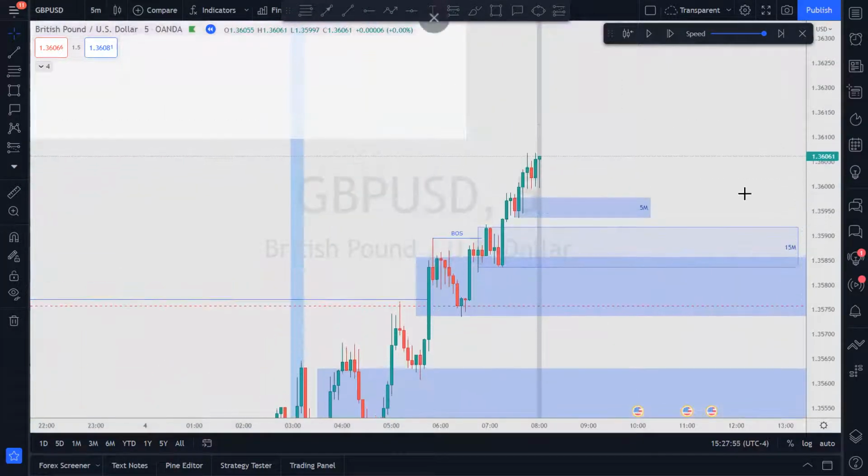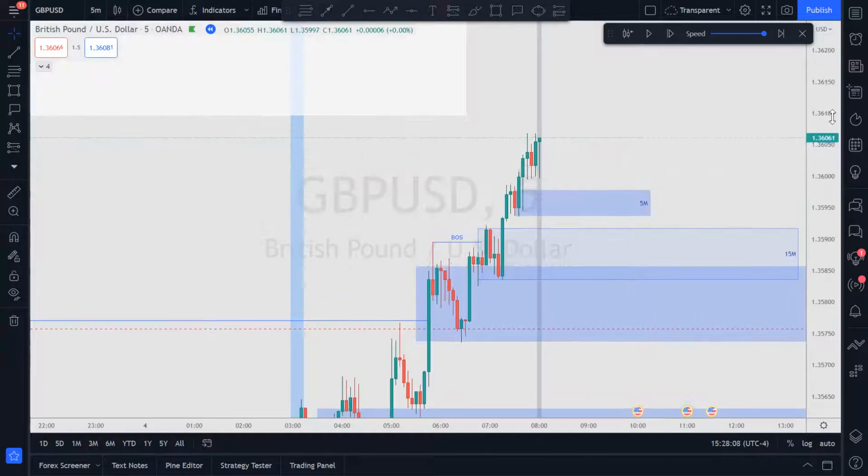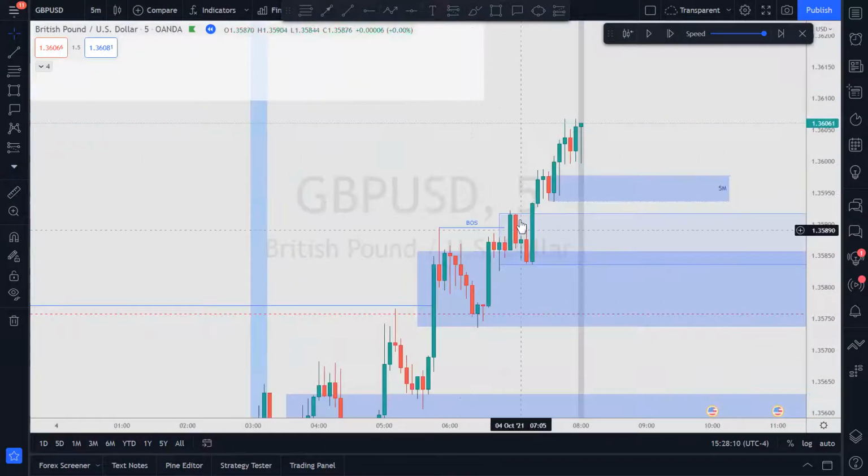All right. So we got a bunch of places here where price continues to make stair steps up, making bullish order blocks along the way and respecting them and continuing higher. So we should be looking for nothing but buys, right? If price does come back down to this order block, I would consider a buy here because this is a 5-minute order block.